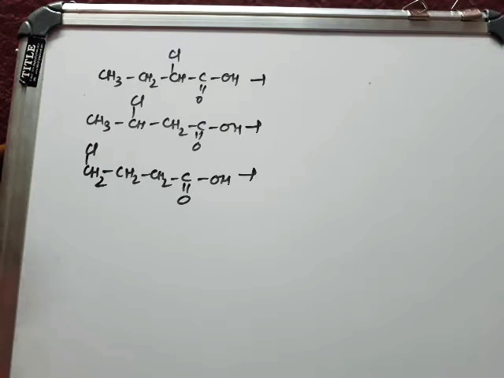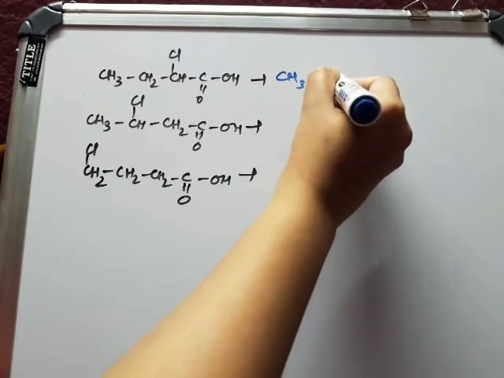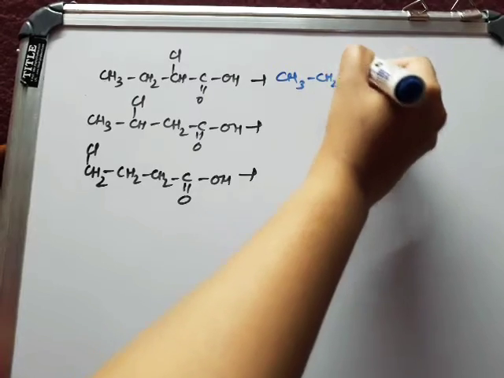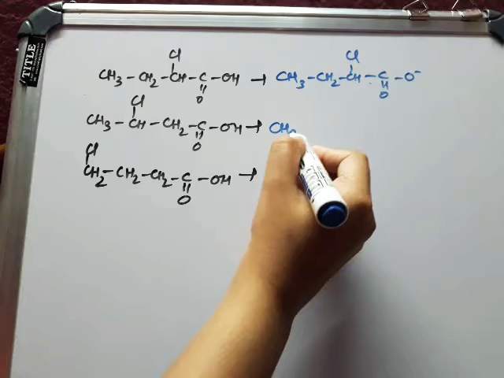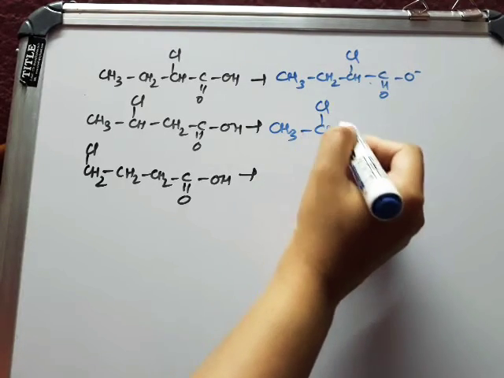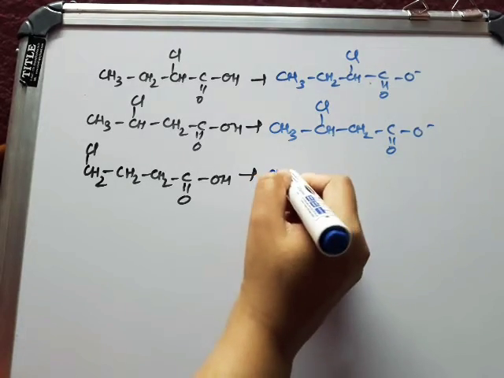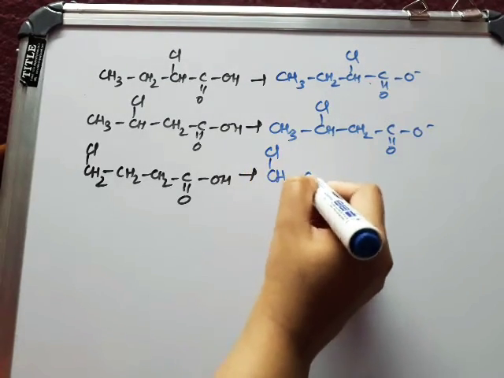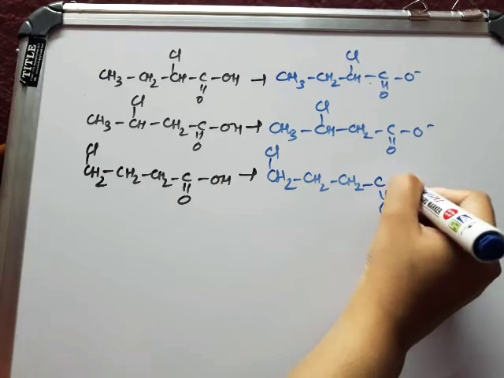That will be determined by the stability of their corresponding conjugate bases. So here the conjugate base of the first one is CH3CH2CHClCOO negative, and this one is CH3CHClCH2COO negative, and this one is CH2ClCH2CH2COO negative.